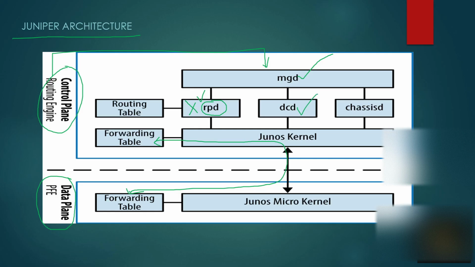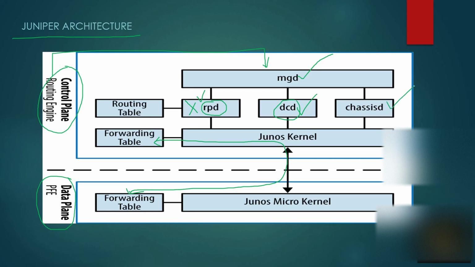Next is DCD, device control daemon. It means you're going to assign IP addresses on interfaces, right? The interface stuff. If you're going to assign the IP addresses on interfaces, ACLs on interfaces, whatever it is, if you're trying to do anything with an interface, that process is taken care of by DCD. Clear? See, for each and every task, you have a separate process.